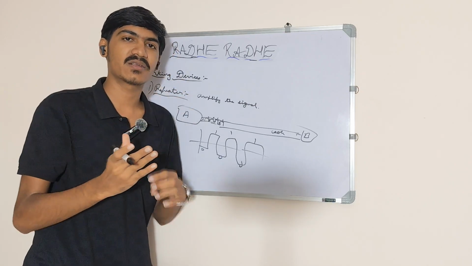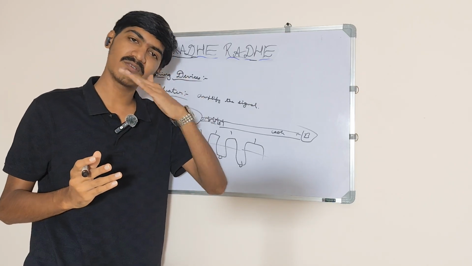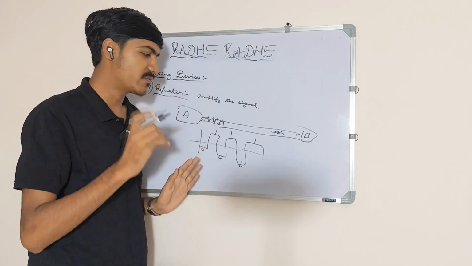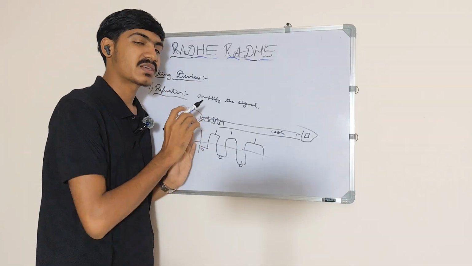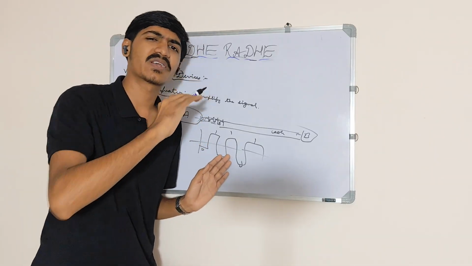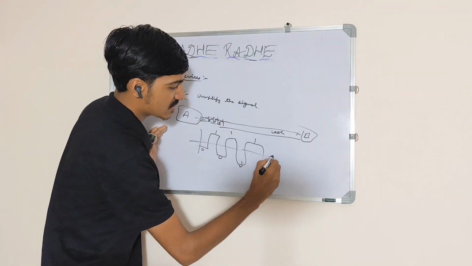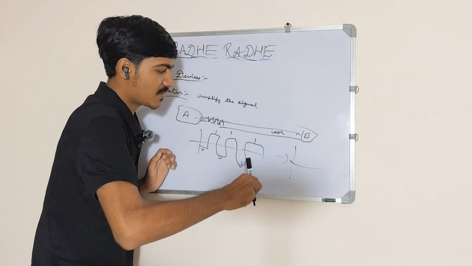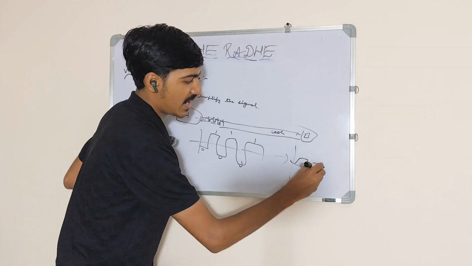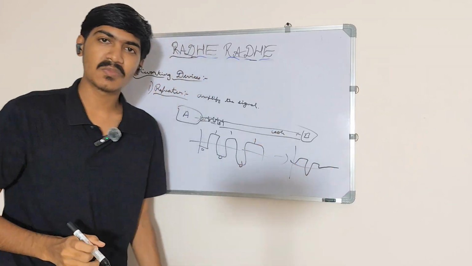If you shout from here, your voice will go up to a certain range. In the same way, once the signal gets generated, after a certain distance the signal strength will reduce, and later the signal becomes flat.